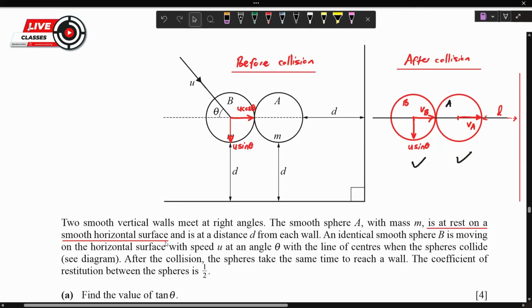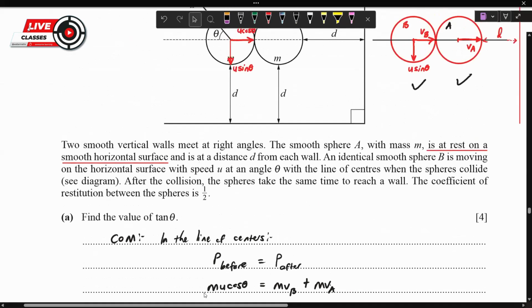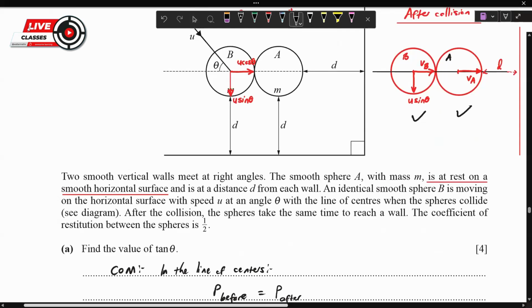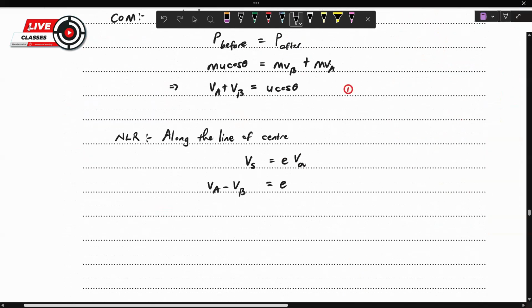That's VA minus VB, and that's equal to e times the relative speed of approach. We say the speed of B minus the speed of A, but the speed of A is 0. So in the line of centers, the relative speed of approach is just u cos theta. All right. So it's e u cos theta. Let's call this equation 2.